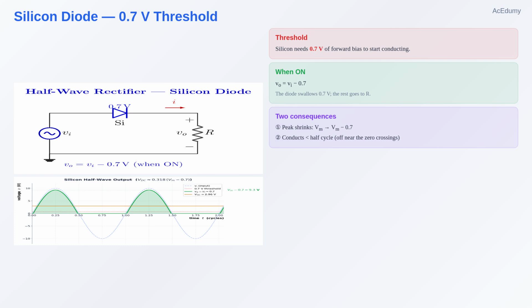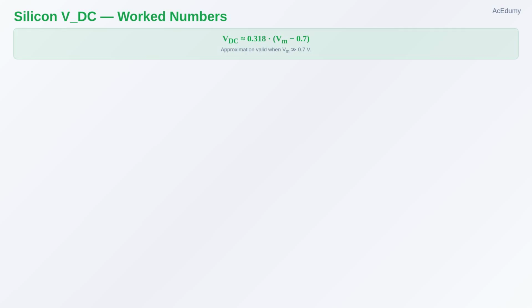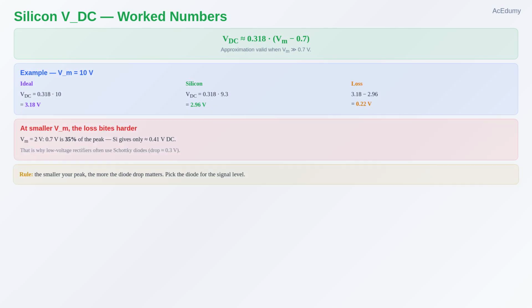This means two things change. First, the peak of the output is Vm minus 0.7, not Vm. Second, the diode conducts for slightly less than a full half cycle because it is off at the beginning and end of each positive hump. What about V_DC for the silicon case?